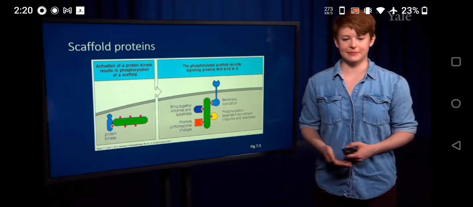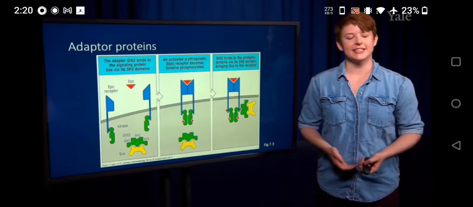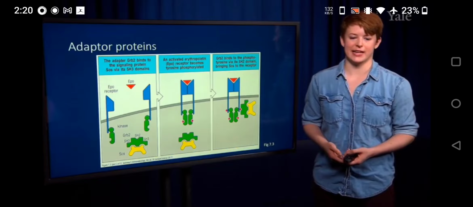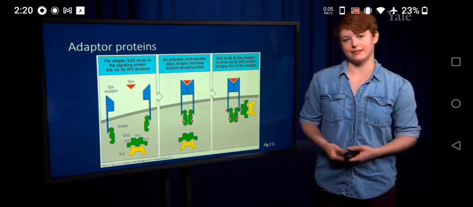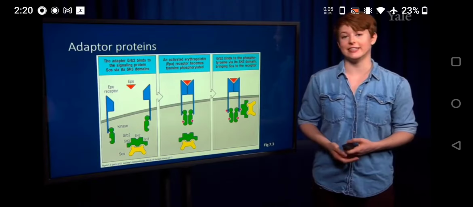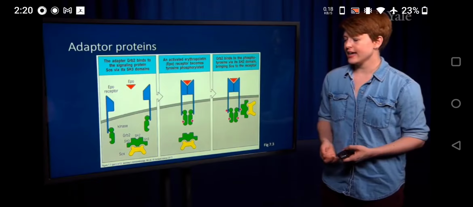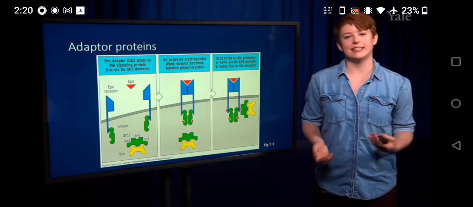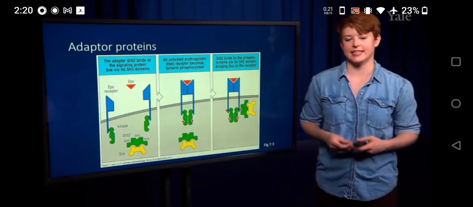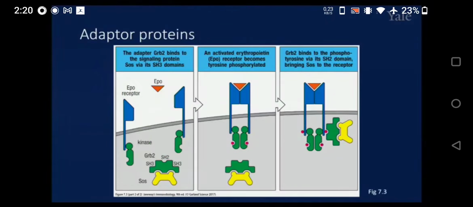Another example of a multi-protein complex are adapter proteins. Adapter proteins are a little different from a scaffold. Here they essentially link different proteins together, usually two or more proteins. So here we can see the adapter, the GRB2 protein, which binds to signaling protein through the SH3 domains, which are similar to the SH2 domains.